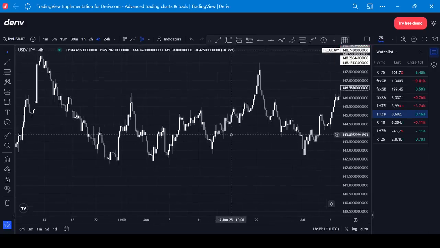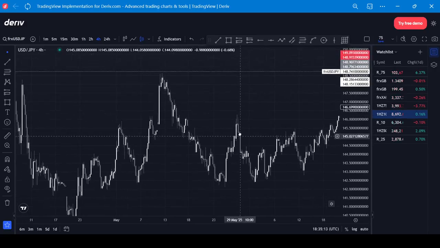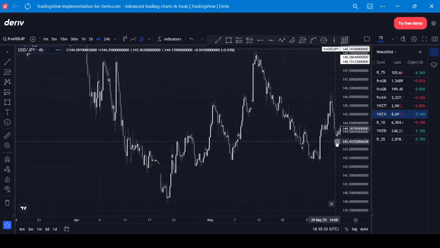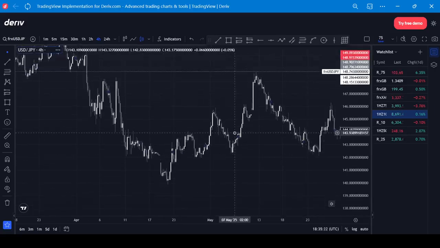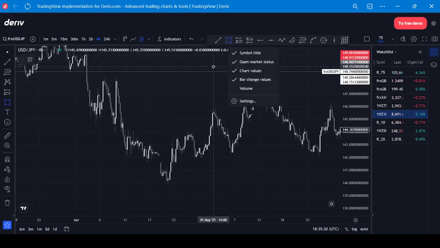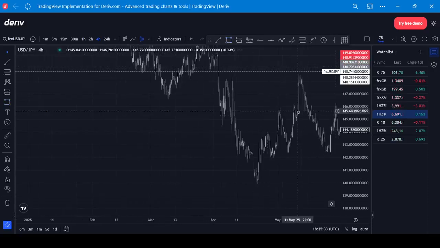So supply and demand is basically where there are a lot of orders in the chart.